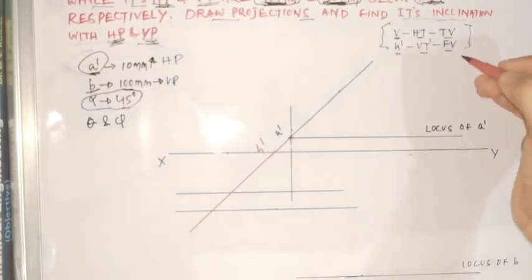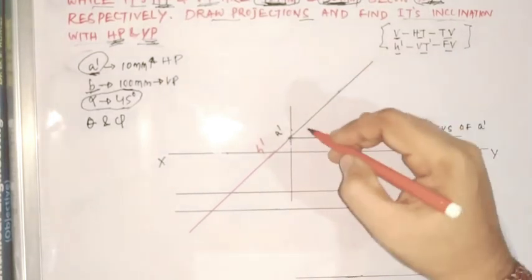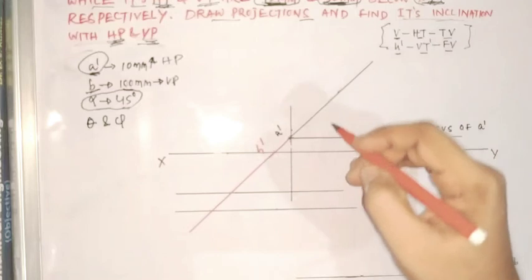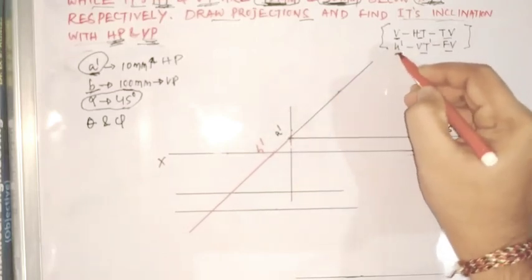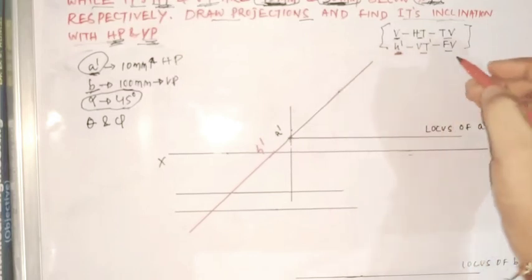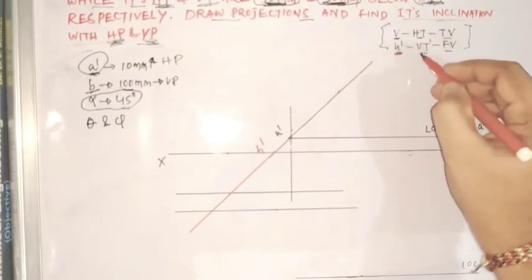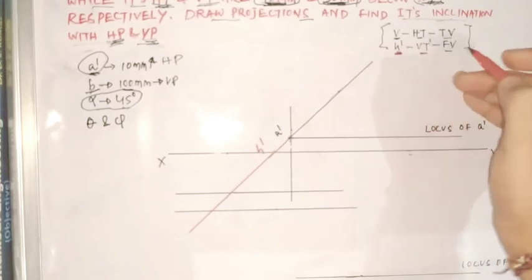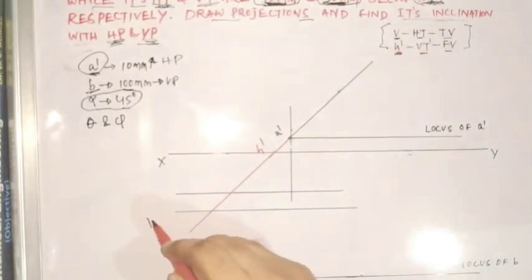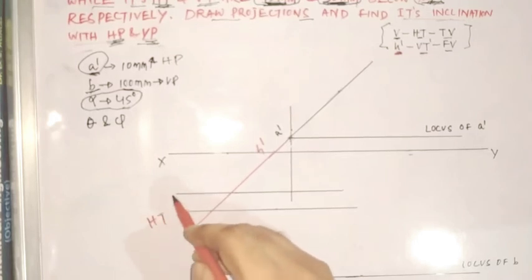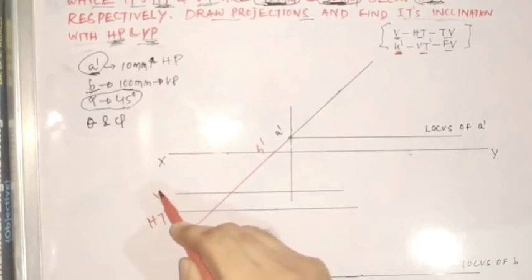Okay, so as I have already told you, front view will lie in this line. Again, it is touching VT dash, and we can say vertical trace, again it will lie in this line. So as we know, this is the line for your horizontal trace and this is the line for your vertical trace.